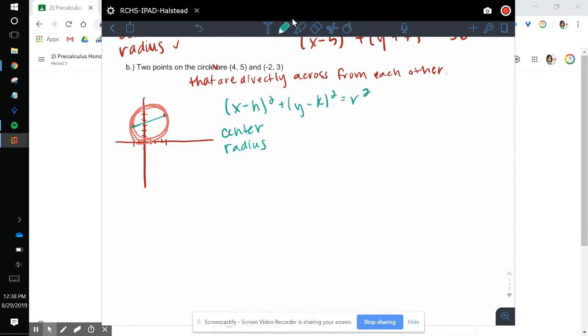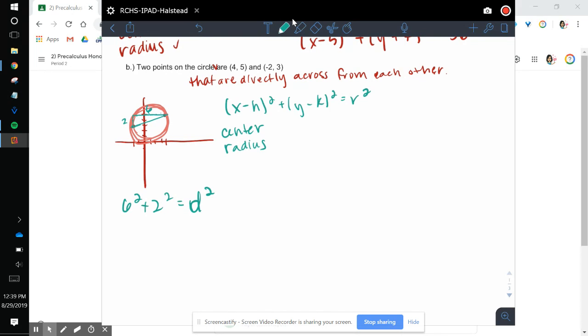So I'm going to count up 1, 2, over 1. So that's a change of 2. And then I'm counting over 1, 2, 3, 4, 5, 6. So the change is 6. So I get 6 squared plus 2 squared is equal to the diameter squared.